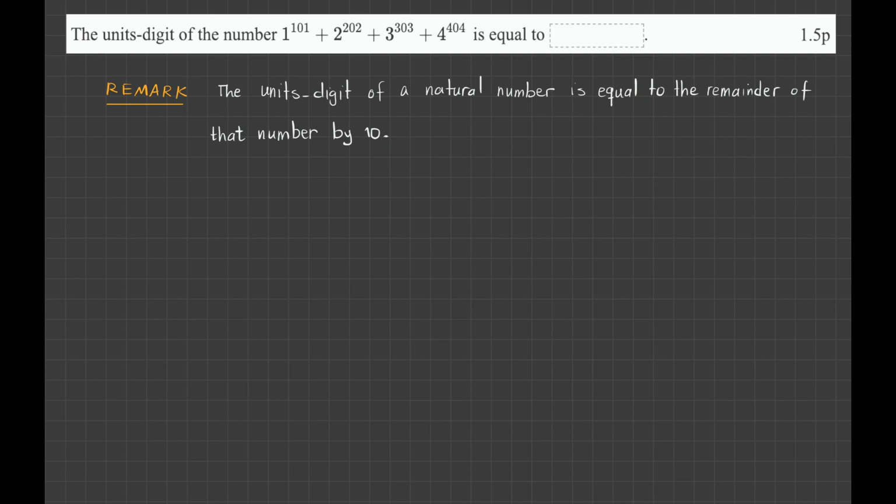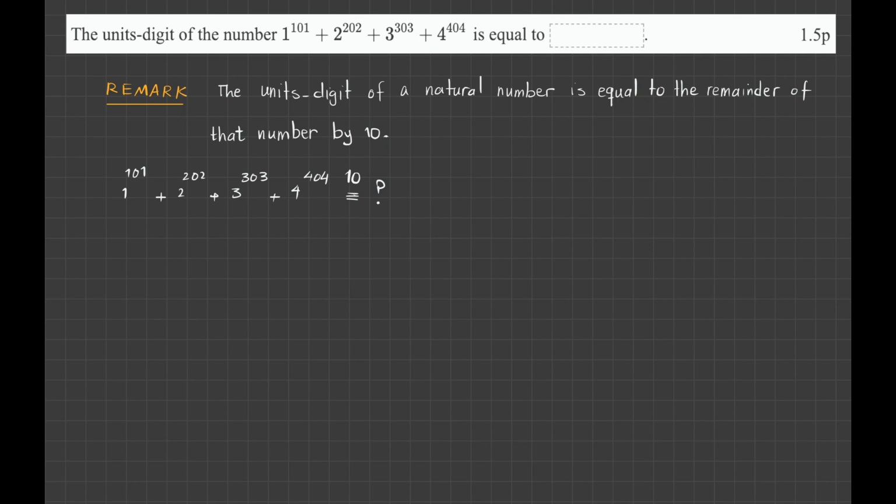Okay, so this is the question that we need to ask. 1 to the power of 101 plus 2 to the power of 202 plus 3 to the power of 303 plus 4 to the power of 404 is congruent to which number modulo 10? But of course I want to have this number non-negative, and I want to have it smaller than 10, otherwise it cannot be a digit.